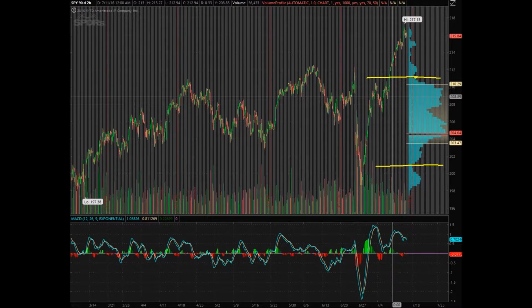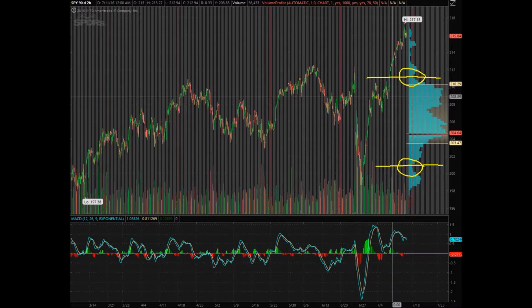Because there's all that volume in that space, if you've ever used volume profiles before, you know that you're going to find support and resistance at these two levels. So right around here, which is what we see, right? Between the 2000 and 2002 level, we find some support, and then at the 2100 level is where we see support for the S&P 500.